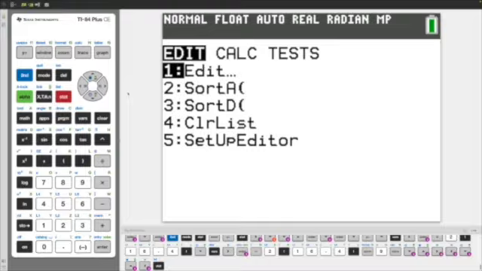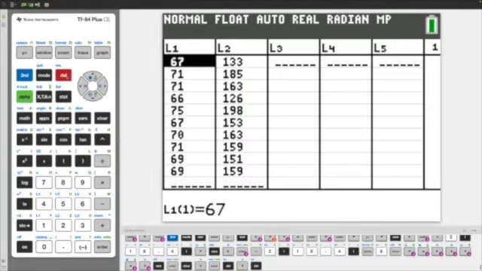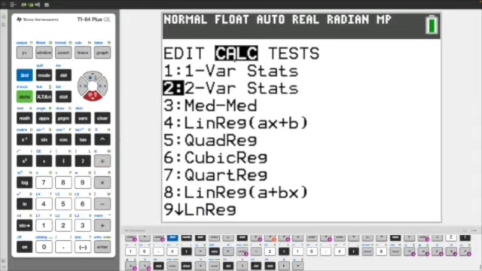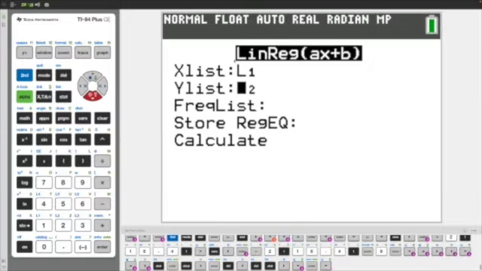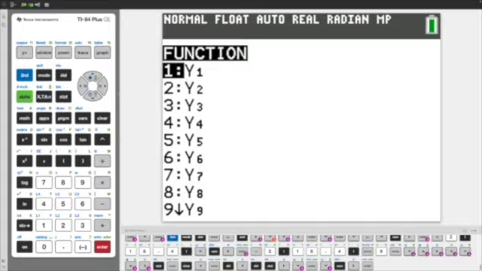So if I go to stat, edit, we're going to delete that point out. That delete button is right here. Then I'm going to run my regression again. Stat, calculate, linear regression. I'm going to store it because I have to replace the old one in Y1.